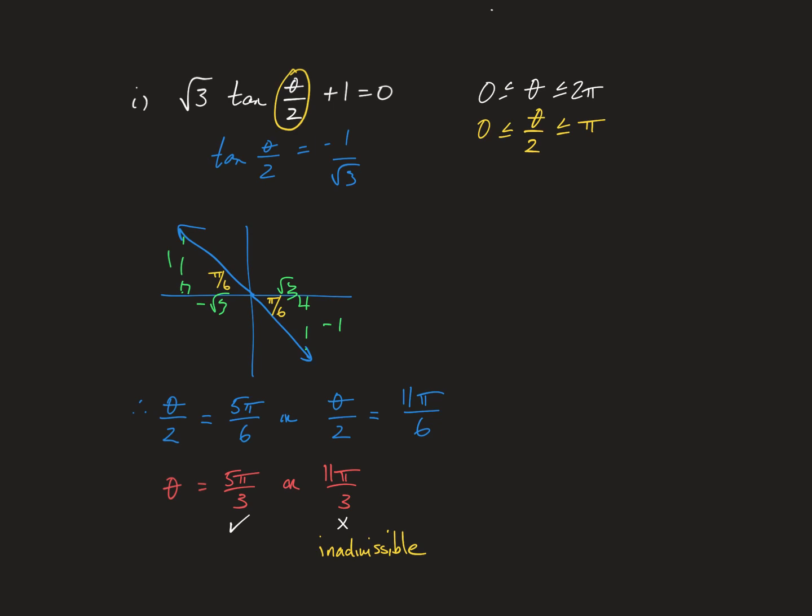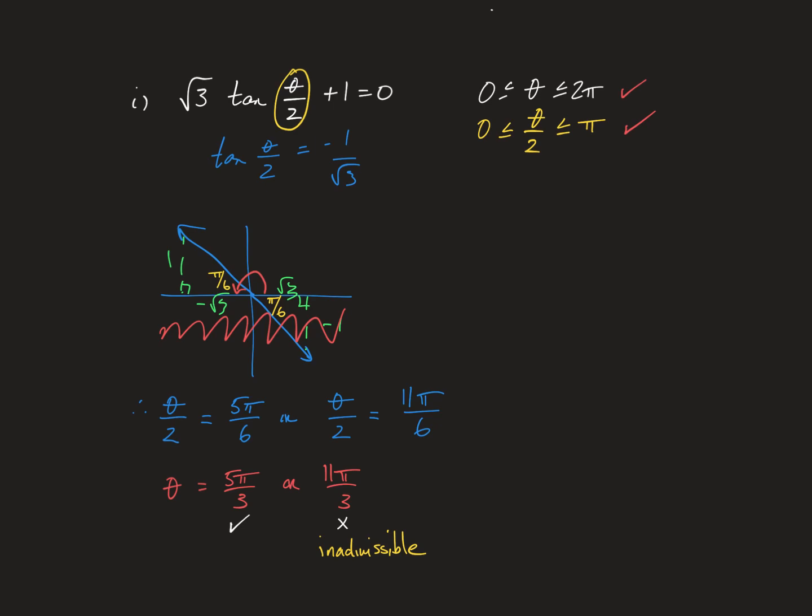In other words, if this is one full positive rotation, then this is half a rotation. Which means that's all I have to consider for theta divided by 2. And so therefore, I never even had to worry about quadrants 3 and 4.